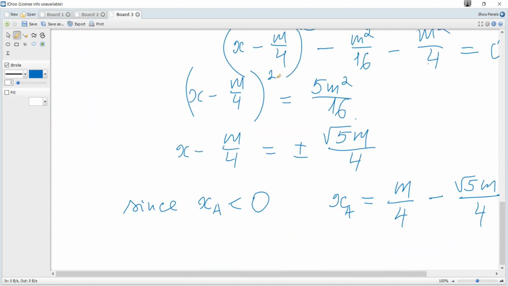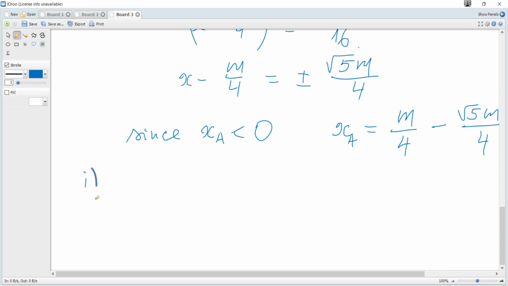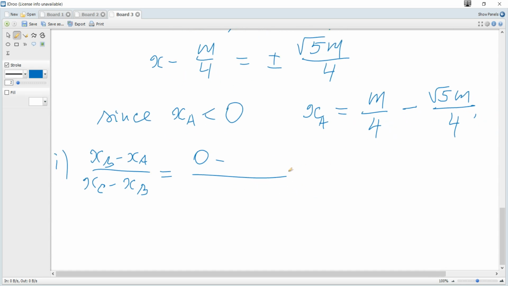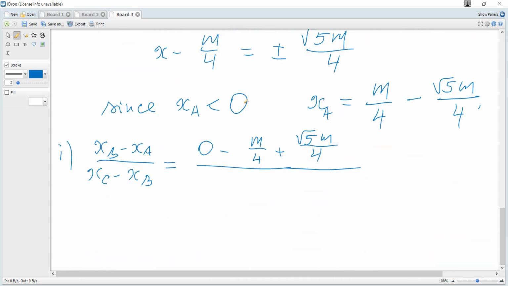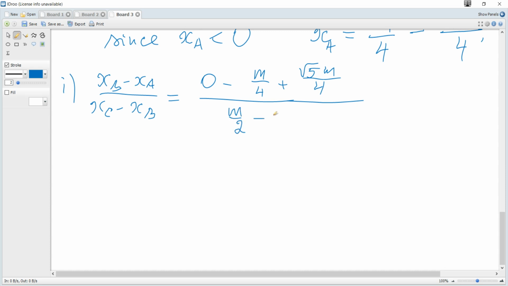So xb minus xa over xc minus xb. xb is 0, xa is the obtained value but with minus, so it becomes negative m over 4 plus root 5 m over 4, and xc is our m over 2 minus 0.